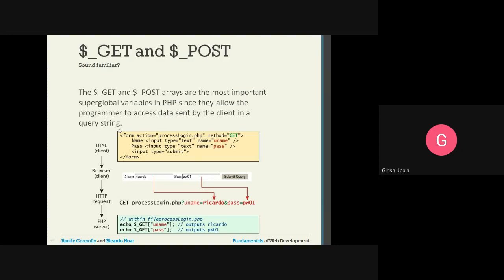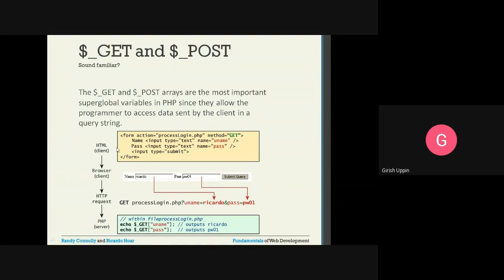I will show you the example. Whatever data is sent by the client is available in the query string. So you need not access the query string and parse it; if you have $_GET, you will get all the values that are submitted by the client.